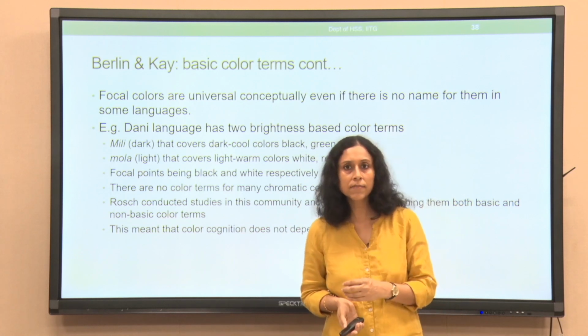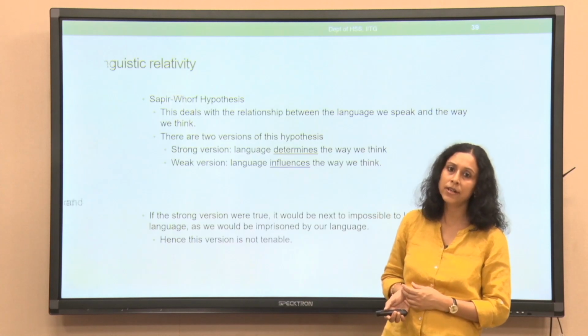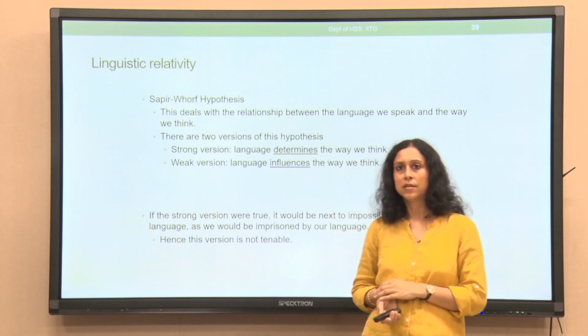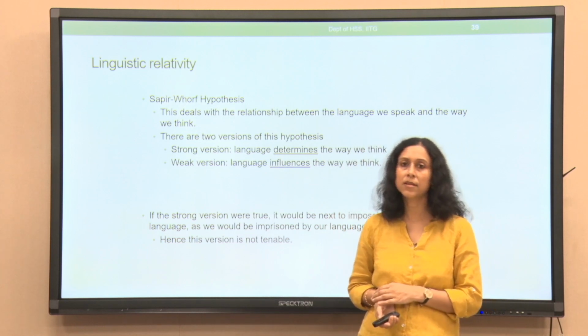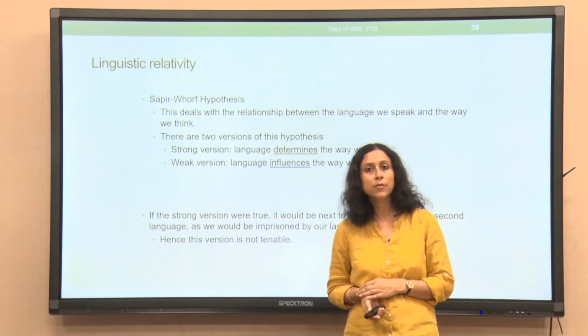Now, why are we talking about color cognition depending on color terms? Because we already know that there is a very important theoretical position taken by Sapir and Whorf and their followers, which is called linguistic relativity.